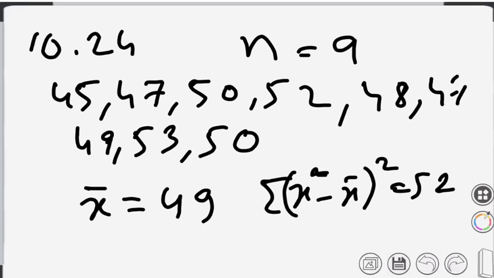It's coming as 49.22. Whether I have made a mistake? Some mistake. 491. Okay, then it is 49. So sum is 491.